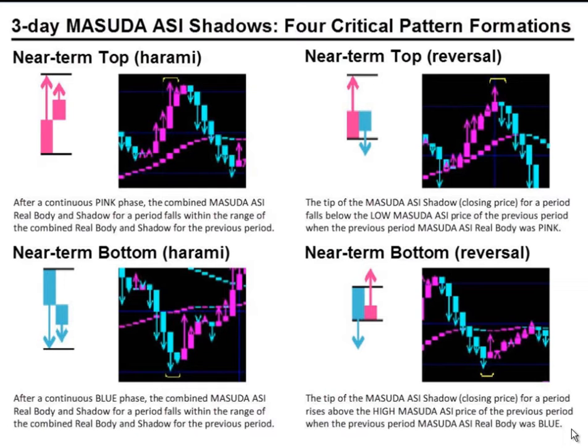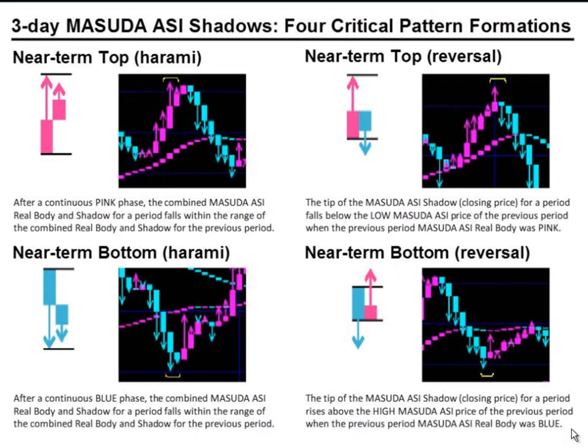And in this lesson we're going to have a closer look at the 4 critical patterns that incorporate the Masuda Ashi shadows, particularly for the short-term 3-day Masuda Ashi real body line with shadows. And we'll have a look at how we can learn to identify near-term tops and near-term bottoms.